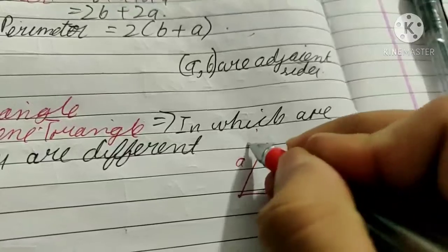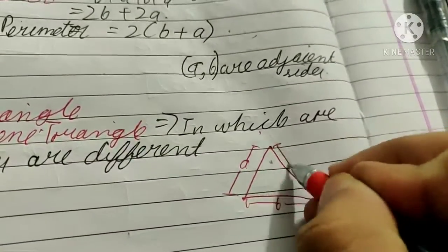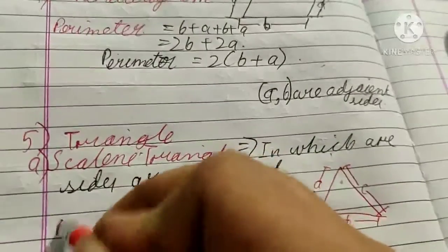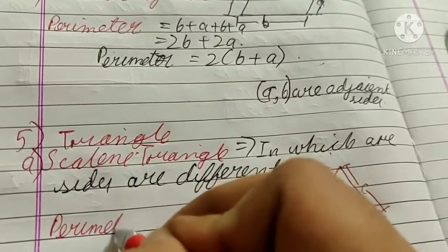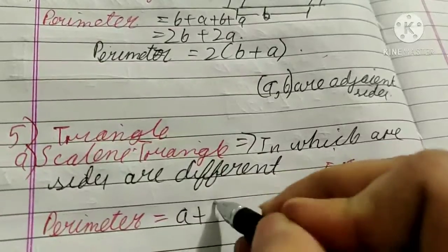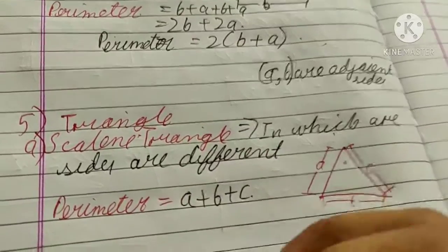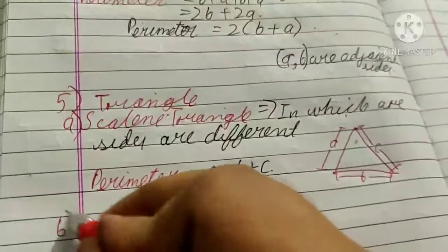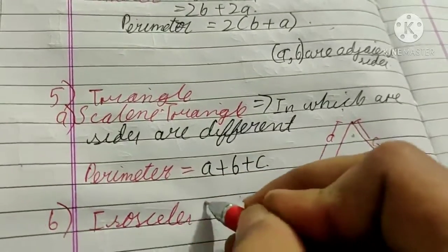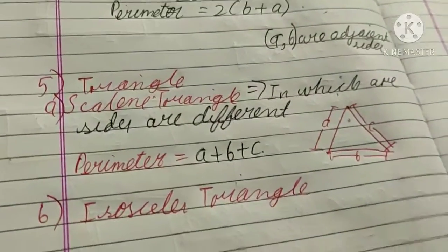This is side A, this is side B, this is side C. So here the perimeter will be A plus B plus C. Our second type of triangle is the isosceles triangle, in which two sides are equal and the third is unequal.